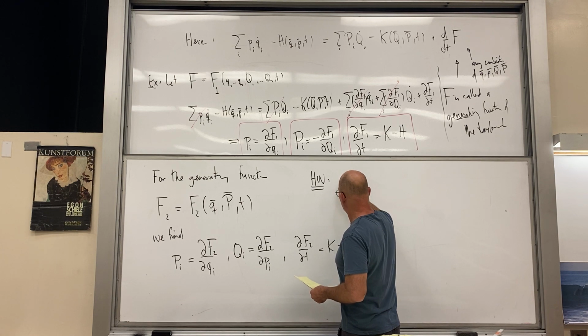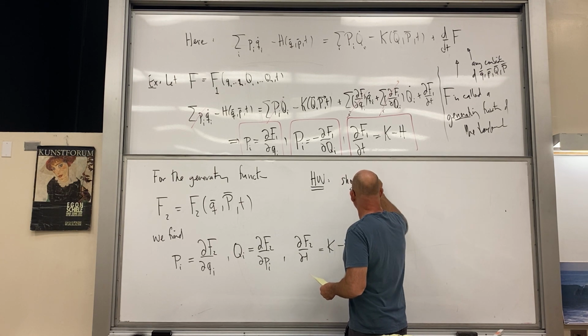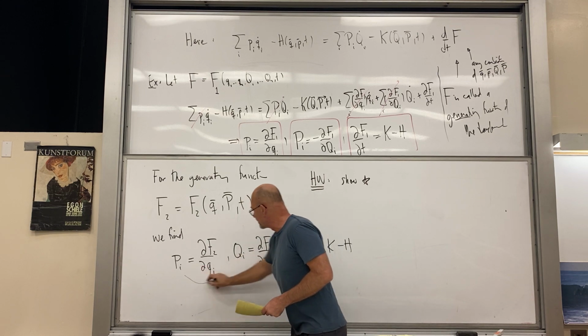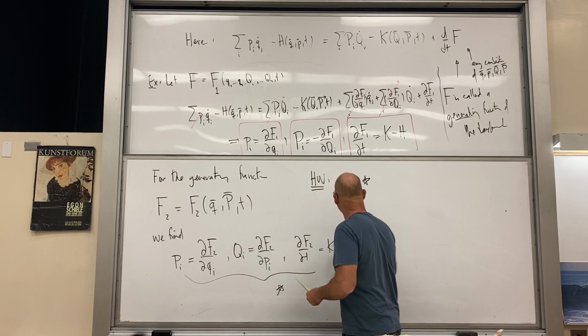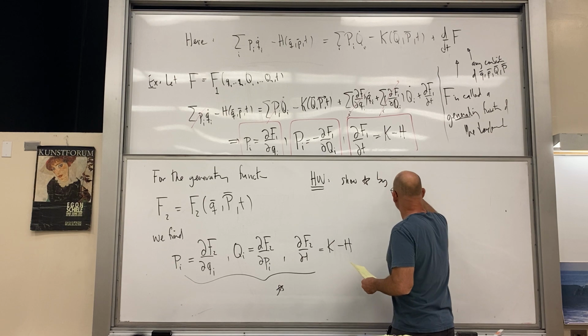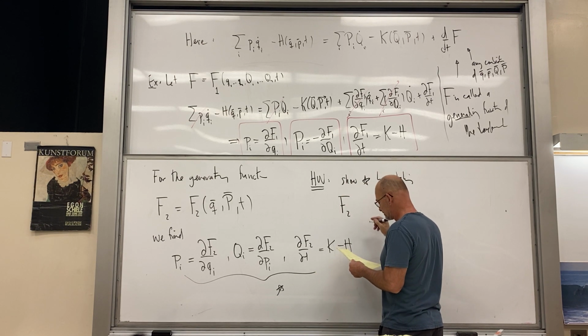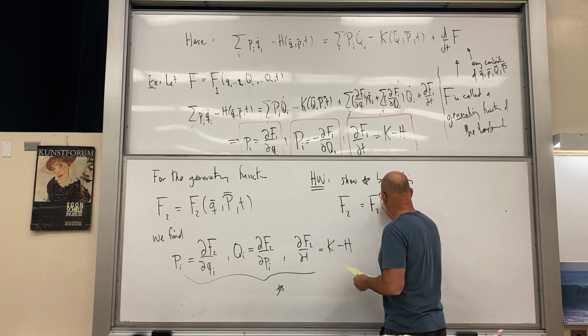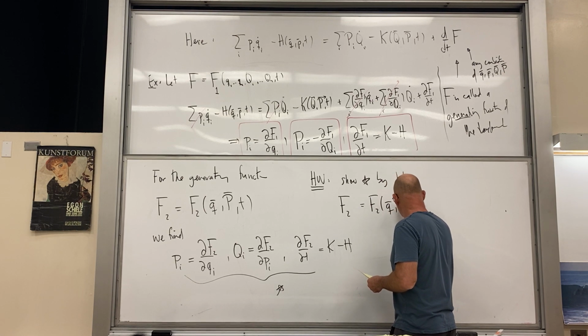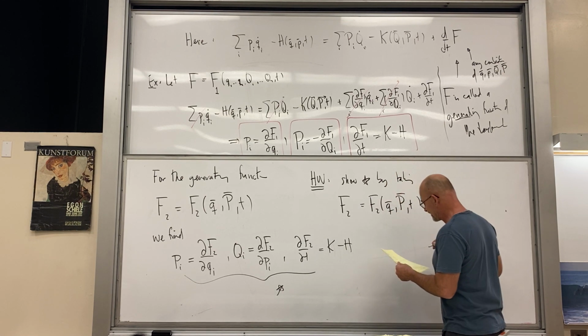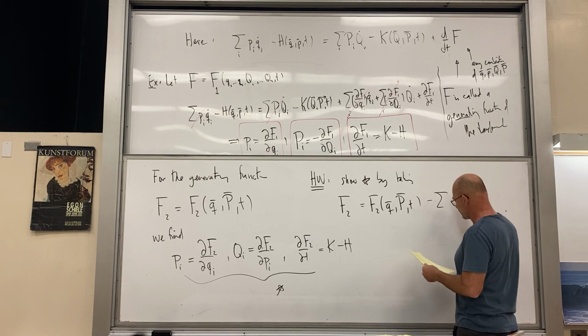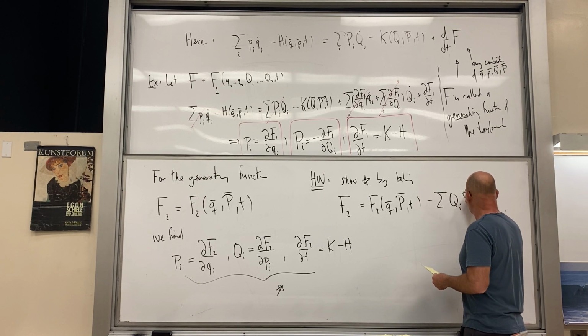So show this set of relations by taking F2 equals F2 of old q and T, and then you subtract off the sum of Q sub i, P sub i.